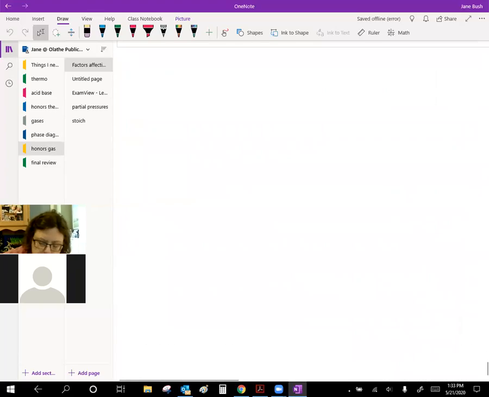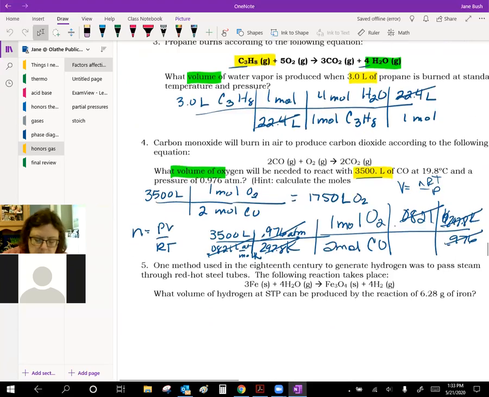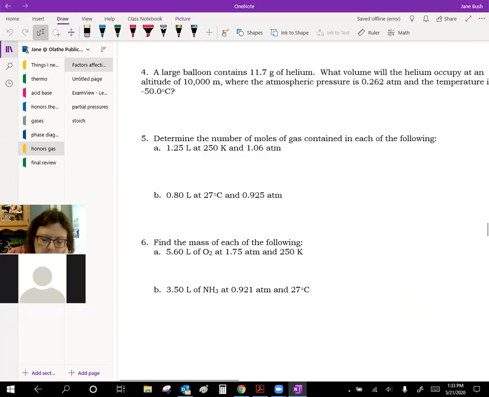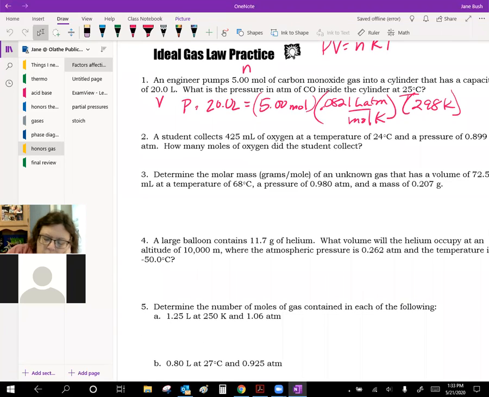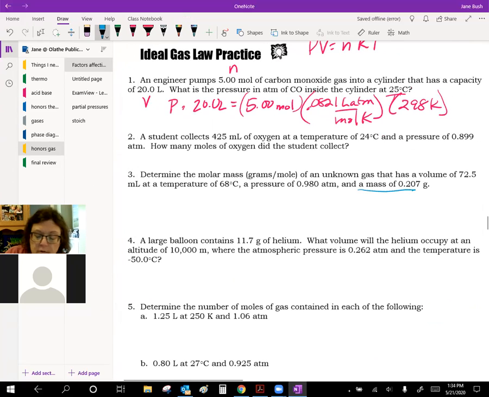I don't have a review on here, never mind. All right, so if we look at these, this problem, yeah, that's stoichiometry. I haven't done that yet. All of these are ideal gas law because they either have mass or volume. Let's work number 3.